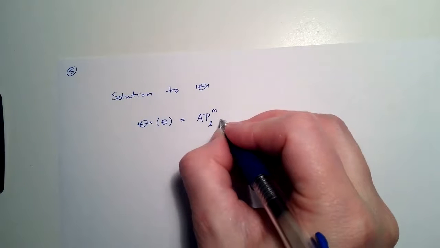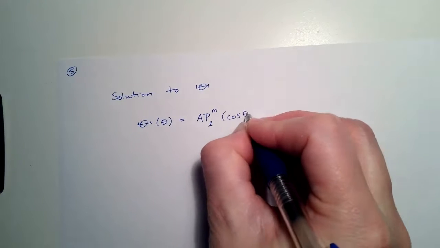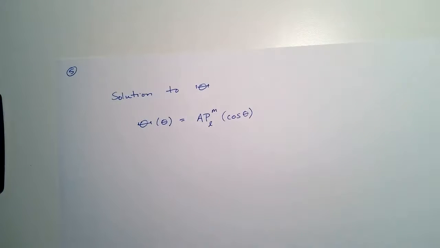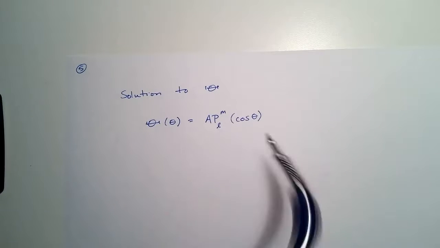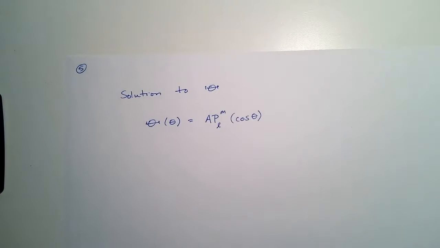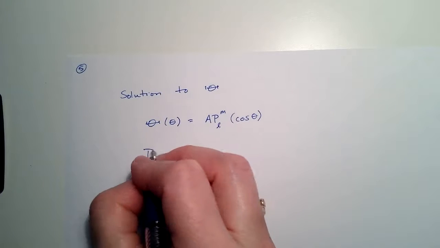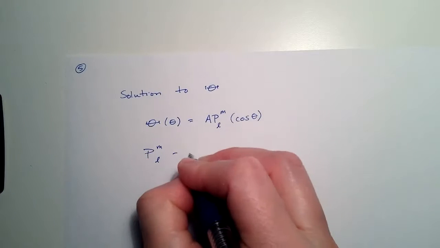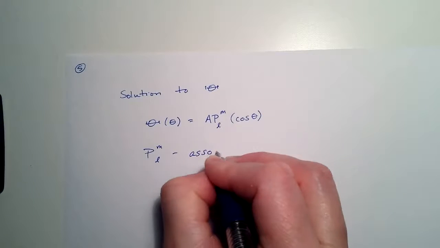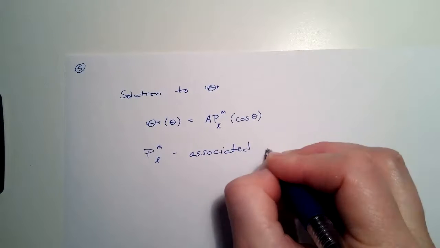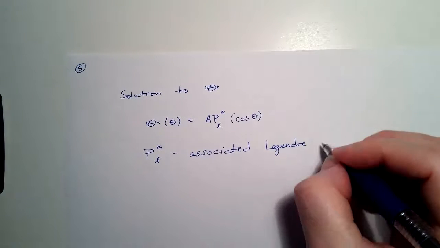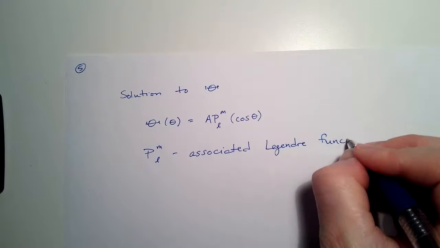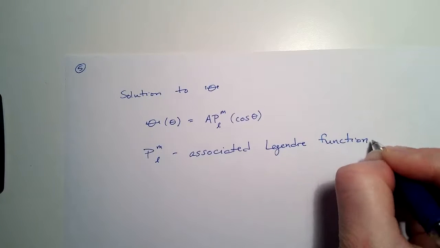So we are going to look at these functions. They're denoted by our m and our l, the values that we've already used as our constants here. There are entire tables of these functions, and there are tables to be found in your book.